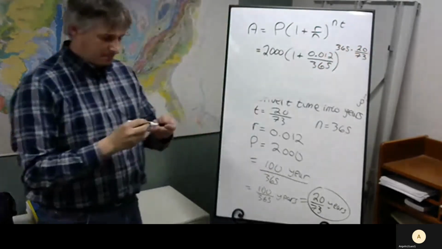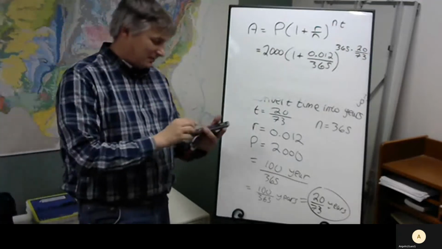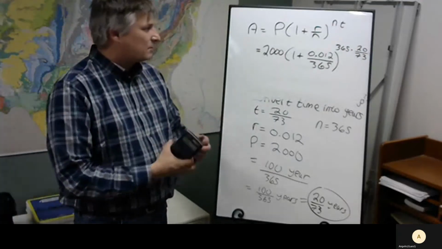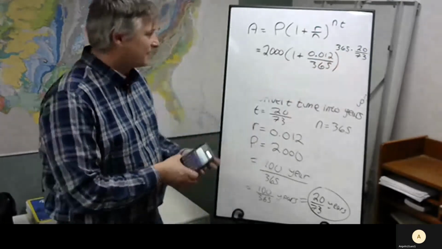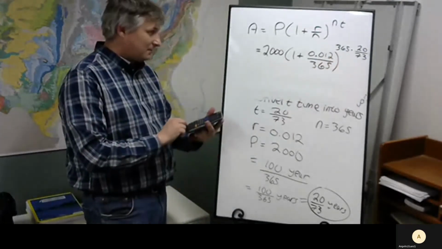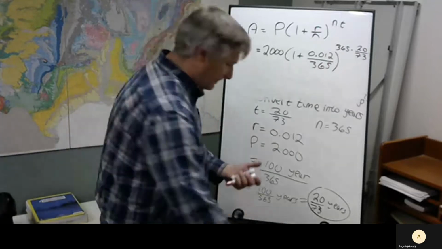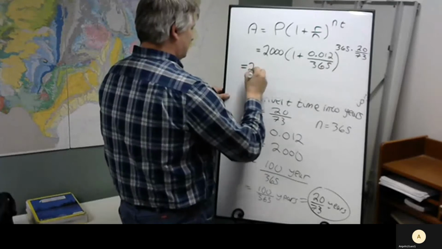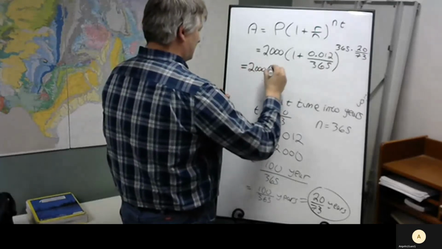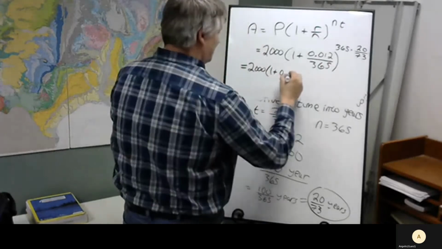And there we go. So again, we're going to turn this into a number. Let's see, bunch of zeros.